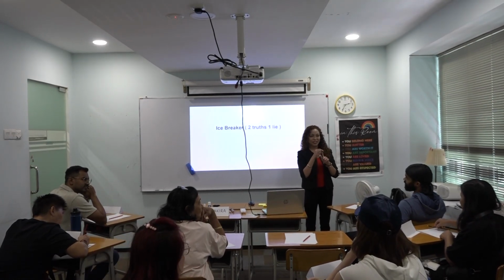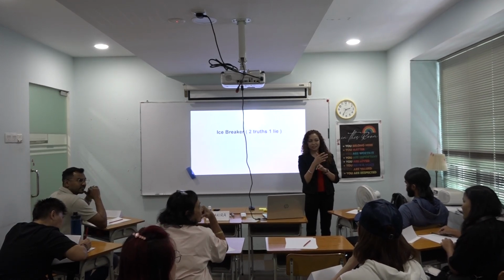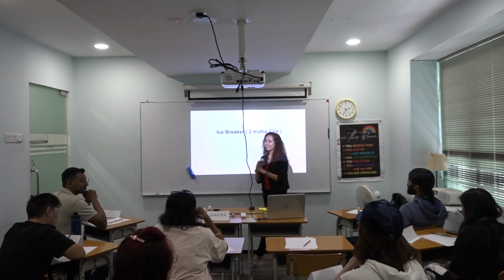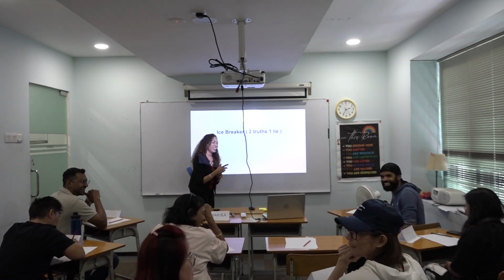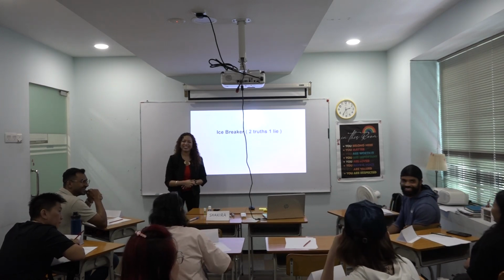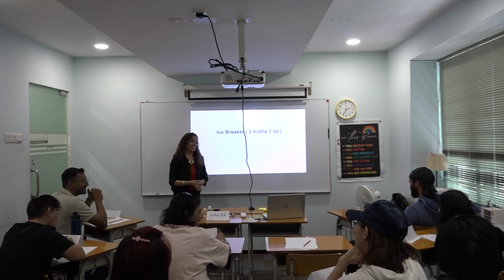She has ridden a motorcycle. She has a gold bar. Which is the lie? The gold bar. It's too obvious, isn't it? Okay, so she's just given us the answers. Was that a lie?